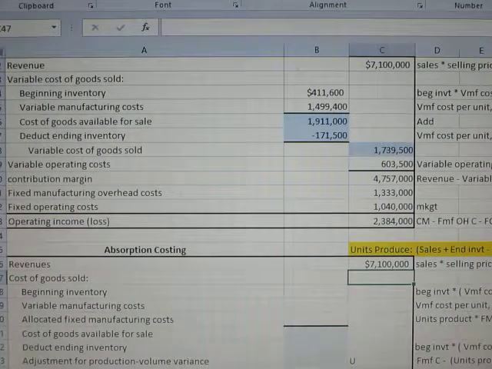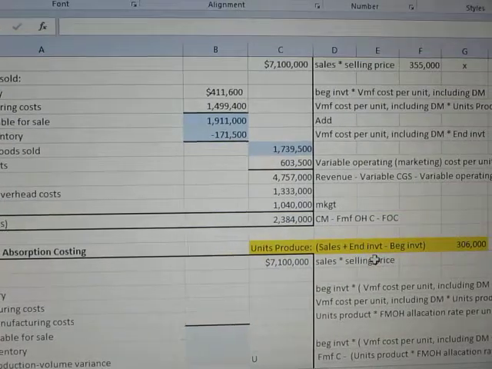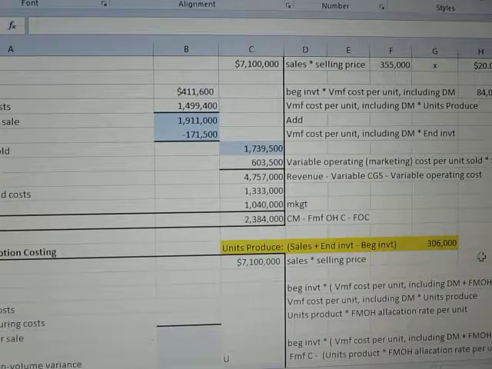Before I move on, the units produced is the same thing, sales plus ending inventory minus beginning. So it's 306,000.